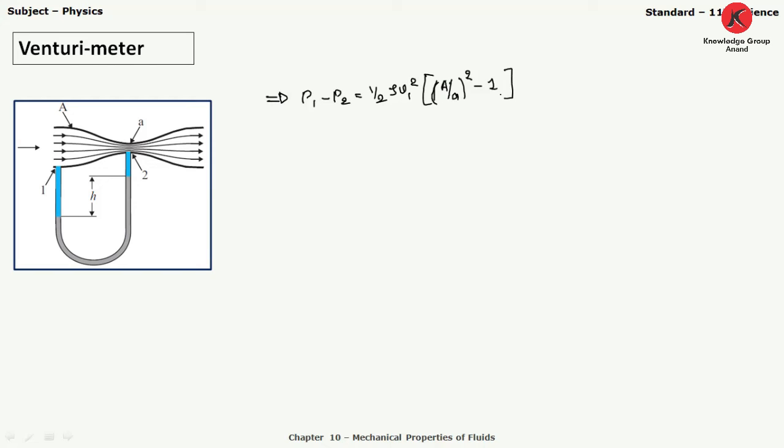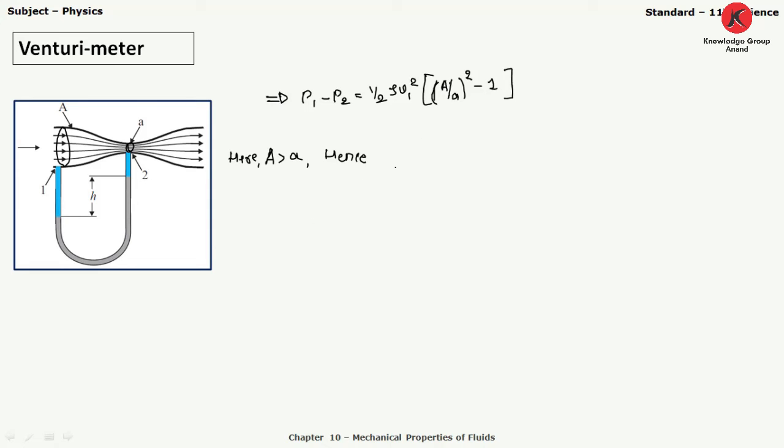So you can simplify in this manner, and here we can see this area is very small compared to this area. So the area capital A is much greater than small area a, and hence if the area is large, then automatically velocity is small.